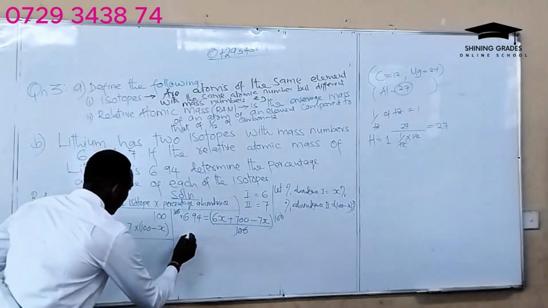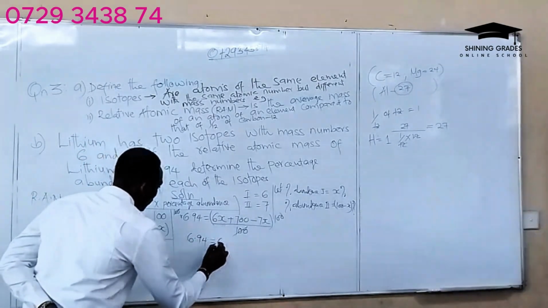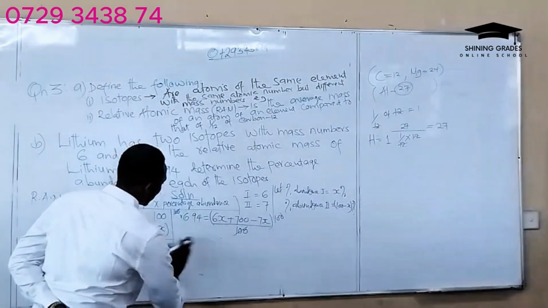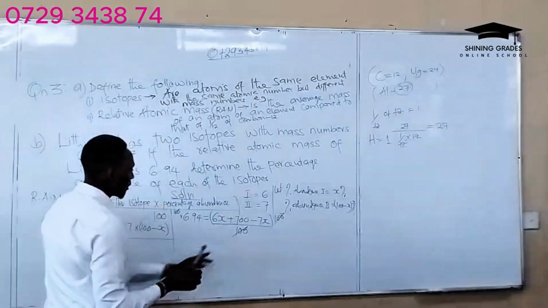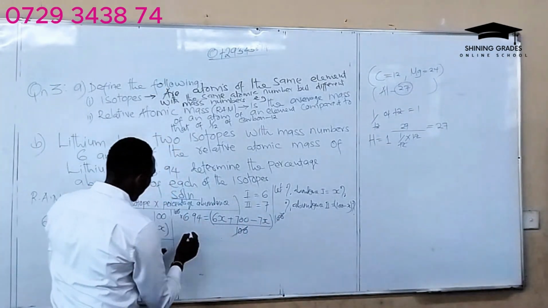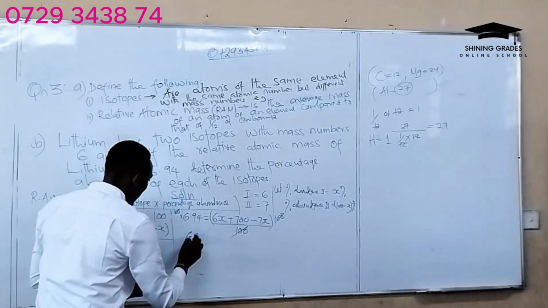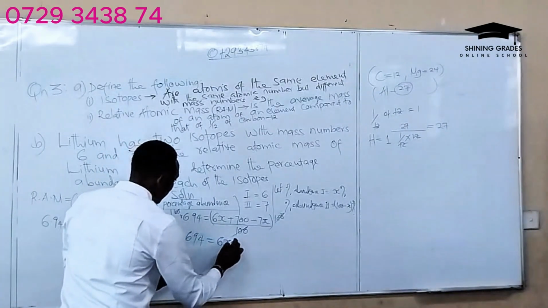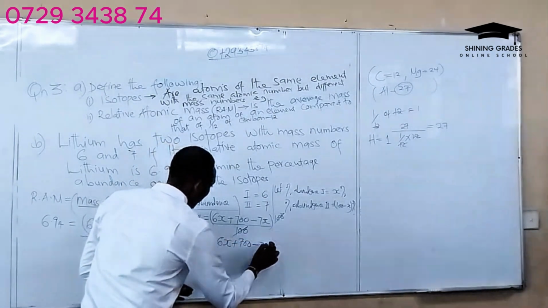So I have 694 equal to 6x plus 700 minus 7x.